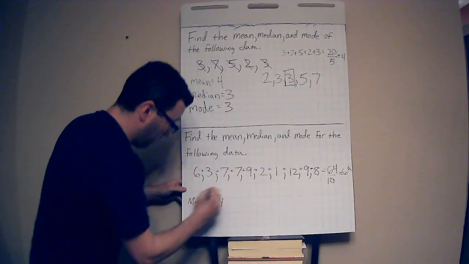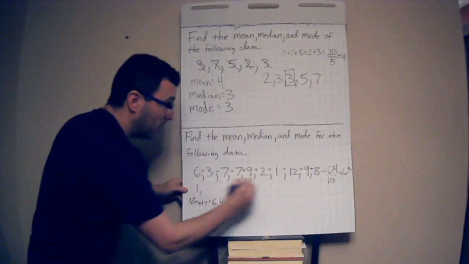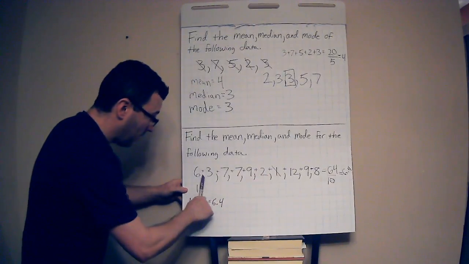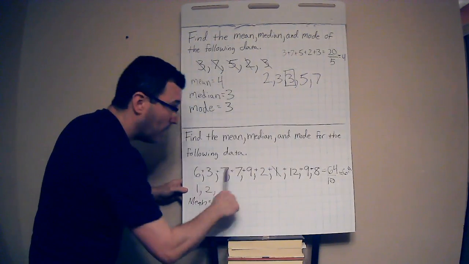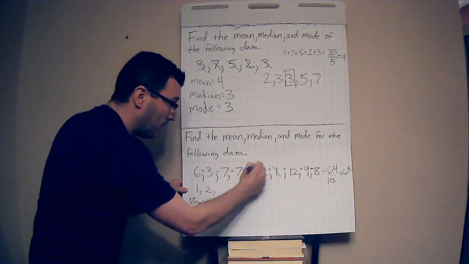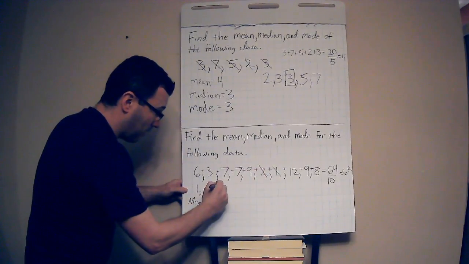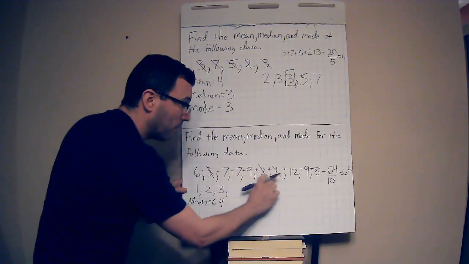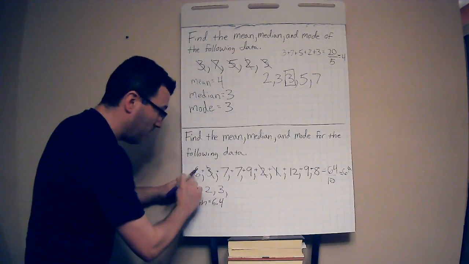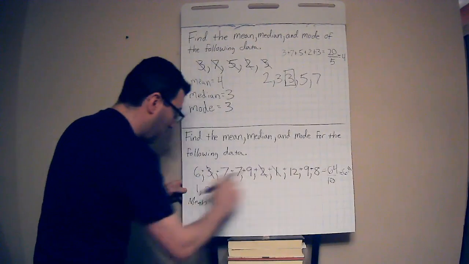I got a 1. 1's definitely small. Let me cross that out. I've got a 2. Any other 2's? Nope. Cross that out. I've got a 3. Let me double check. Any more 3's? No. 4. Nope.